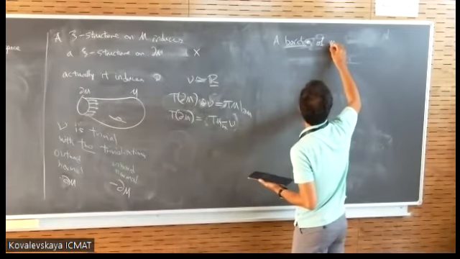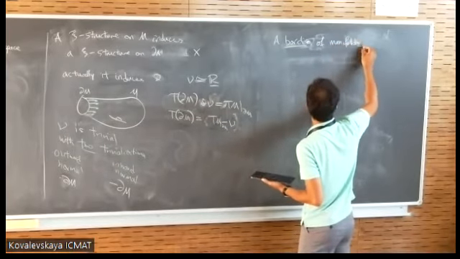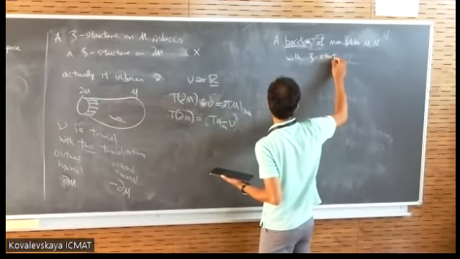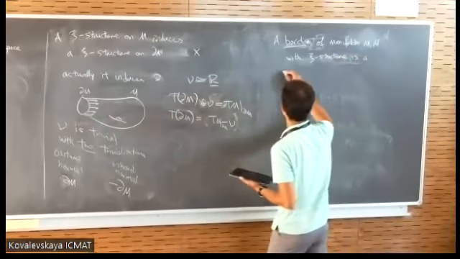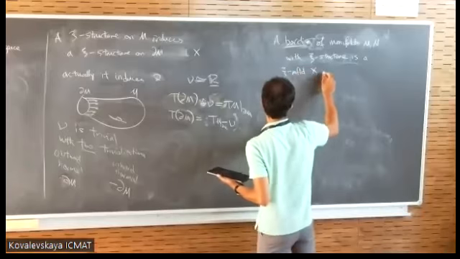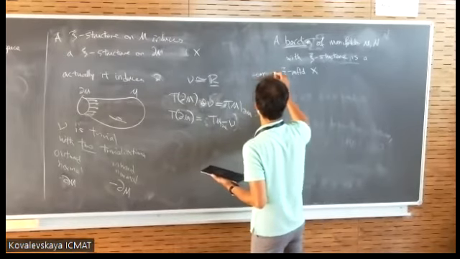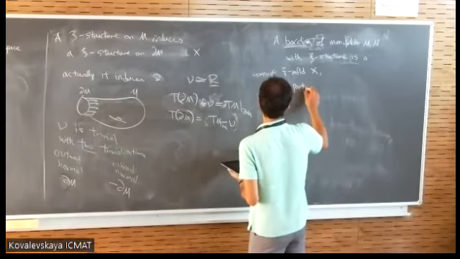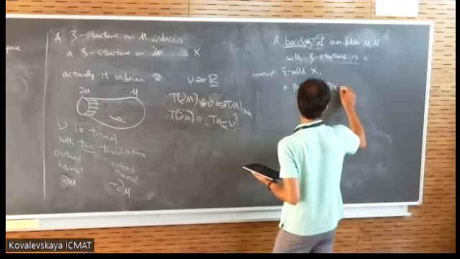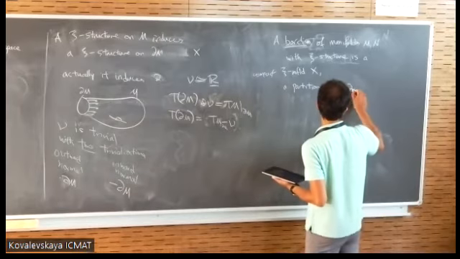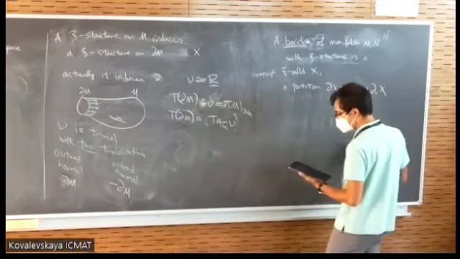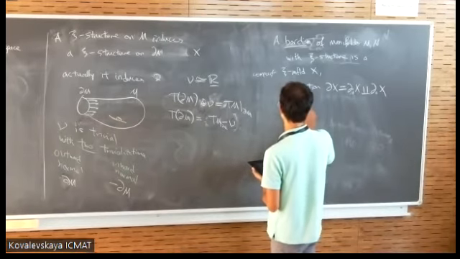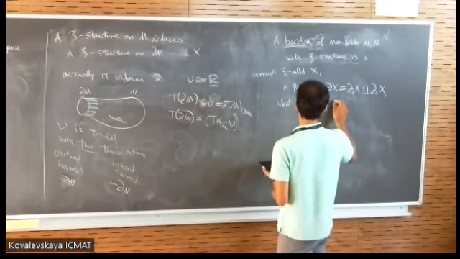A bordism of manifolds M and N with psi structure is a manifold X whose boundary is partitioned into the incoming and outgoing boundary, together with identifications of psi manifolds.